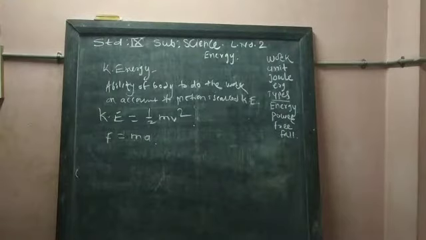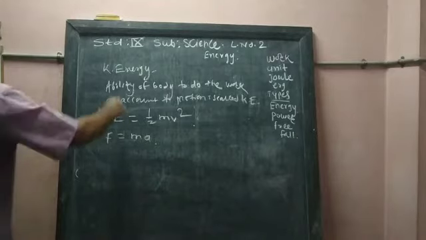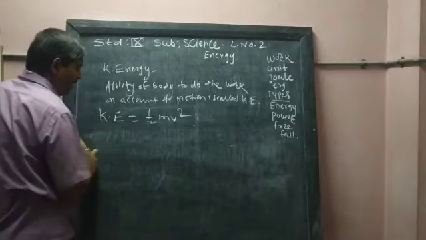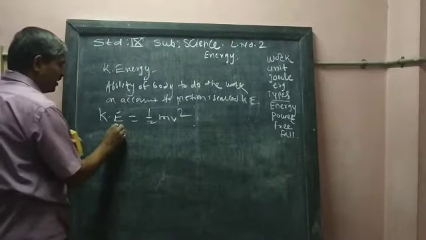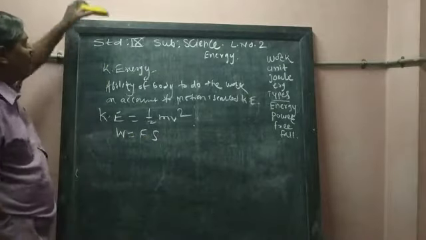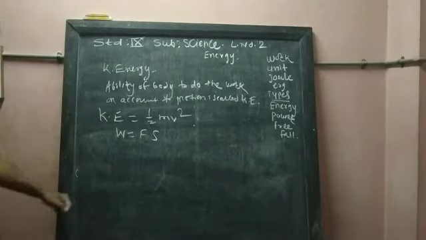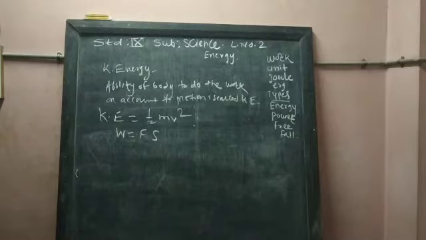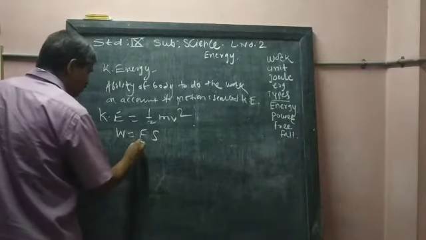Understand? When force is applied on the body, work is done. Am I right? So W is equal to Fs. Just we have studied W is equal to Fs. Then tell me what is force?